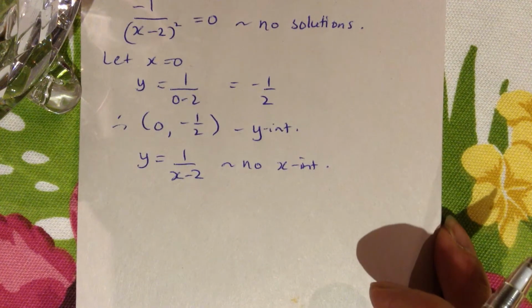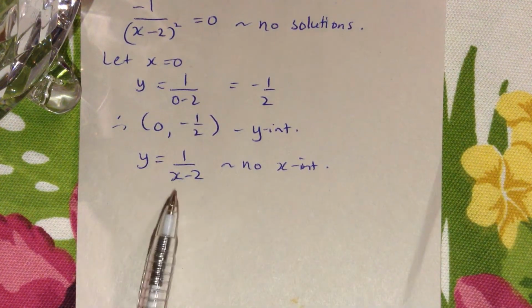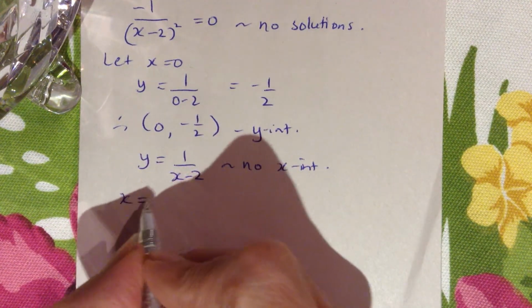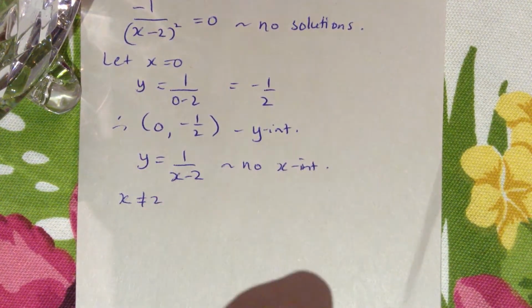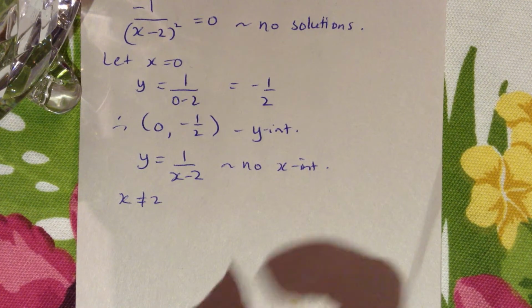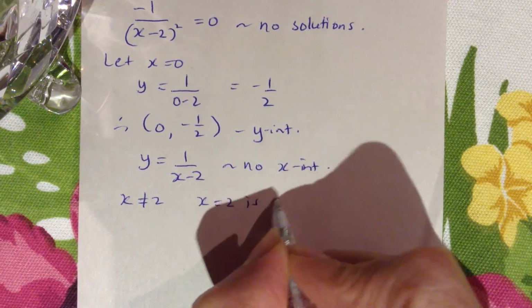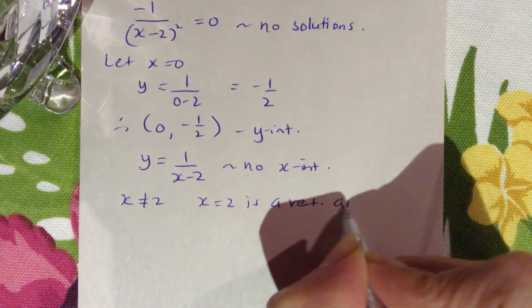Right. However, there is a vertical asymptote because x cannot equal 2, right? X cannot equal 2 because if it is, that's going to become undefined. And so x equals 2 is a vertical asymptote.